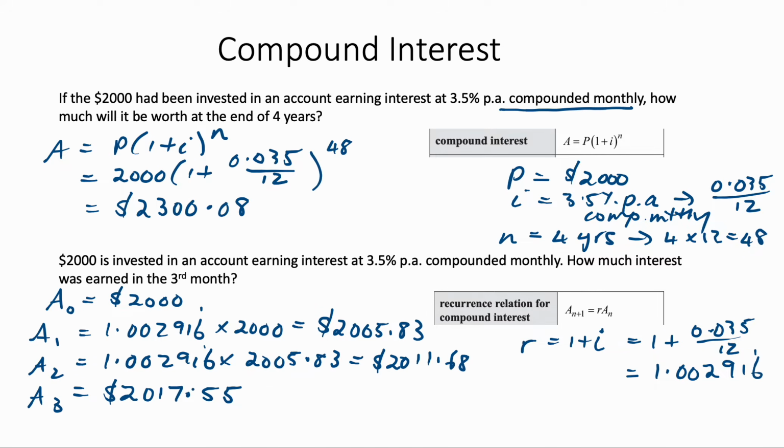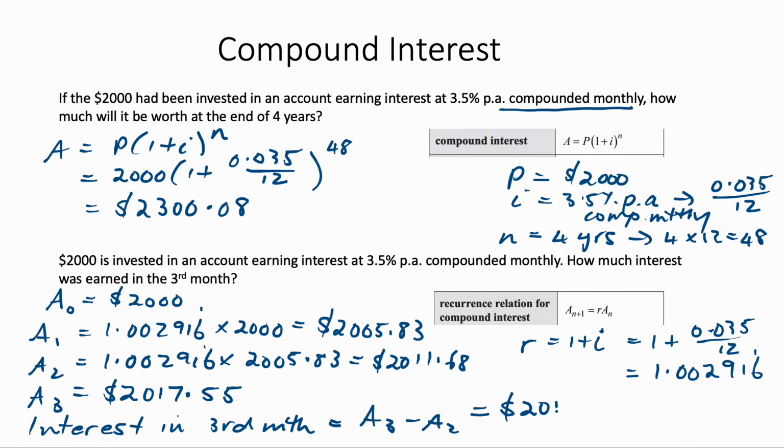Now if I want to know how much interest was earned in the third month, I just have to compare the end of the third and the second month and basically subtract those. So I'm just going A3 minus A2.